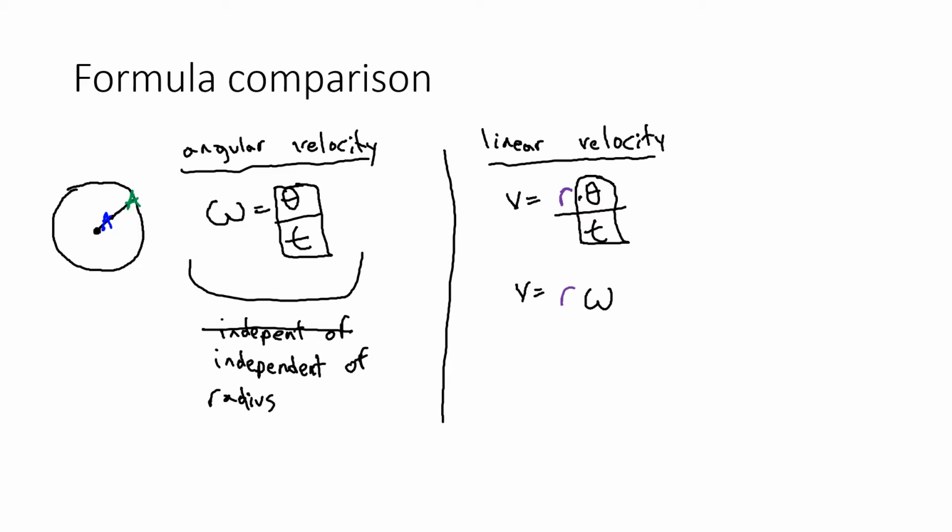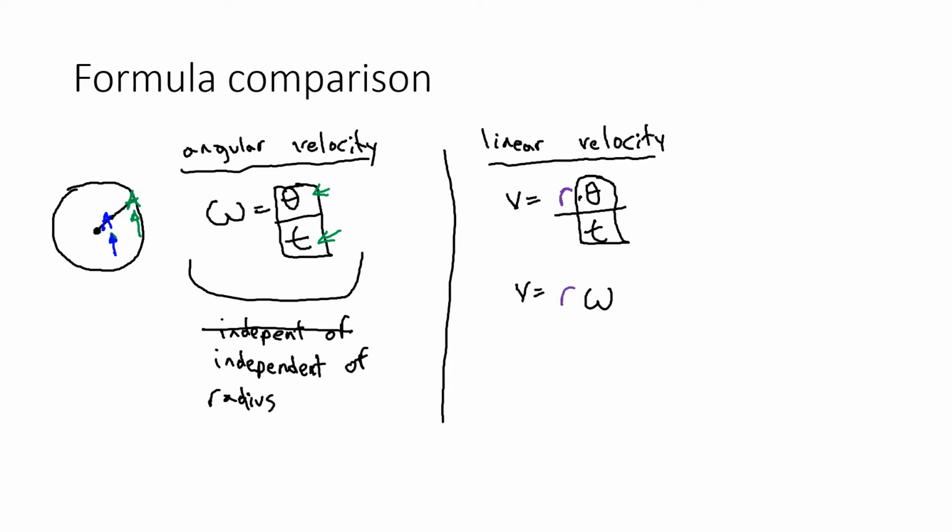And if we measured the angular velocity of the blue A, or we measured the angular velocity of the green A, basically they would be the same, because even though the radius for this A is smaller than the radius for this one, if we look at the formula, it doesn't matter what the radius is, theta over t will be the same for either one.